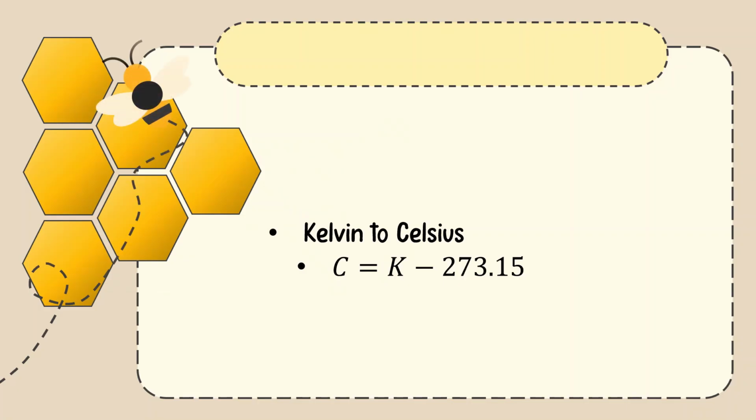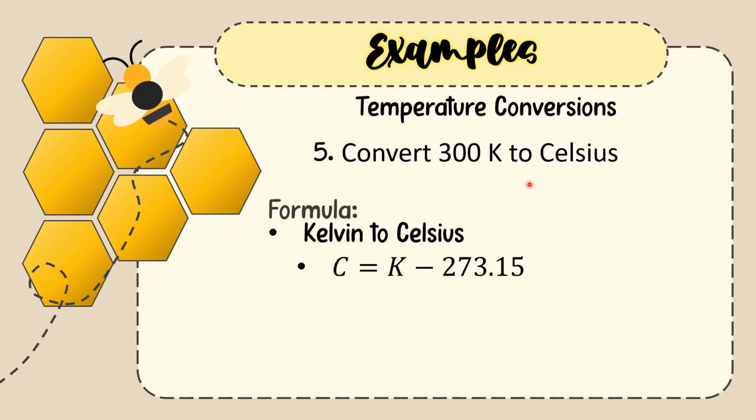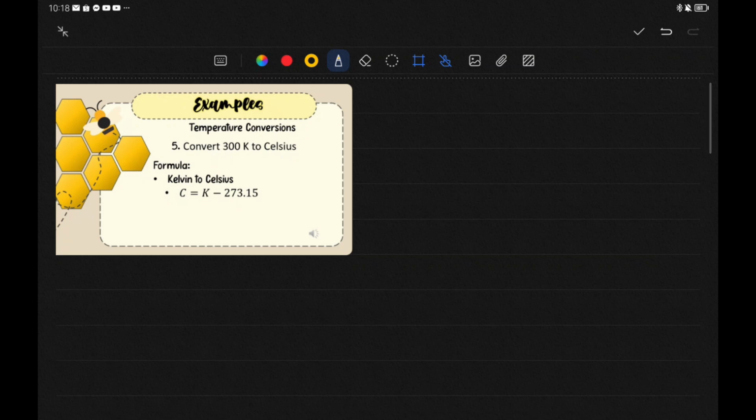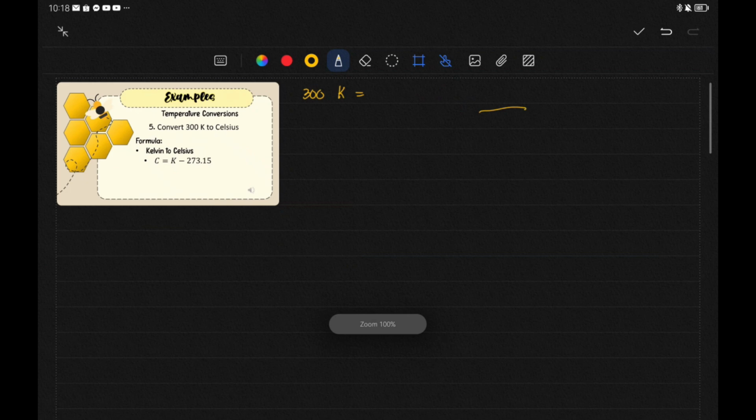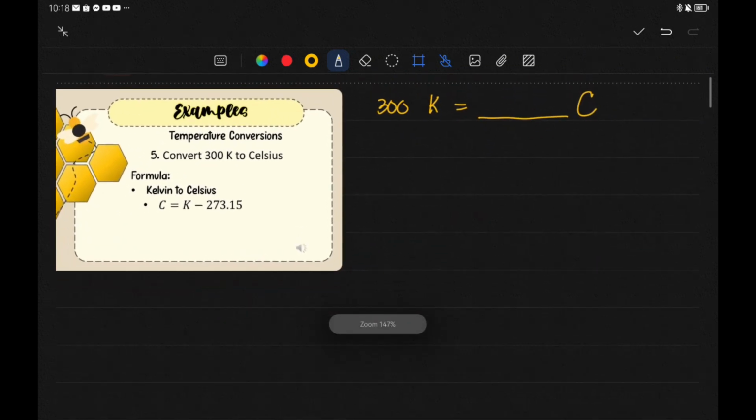And for our fifth example, we have here, convert 300 Kelvin to Celsius, and this is the formula that we are going to use. Now, let's convert 300 Kelvin to Celsius. So, this is the solution.